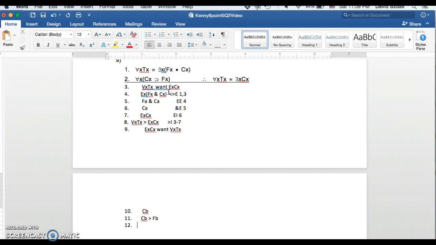Then you get FB by conditional elimination. And what do we want? All x TX. Let's see. All x TX. So we get FB.